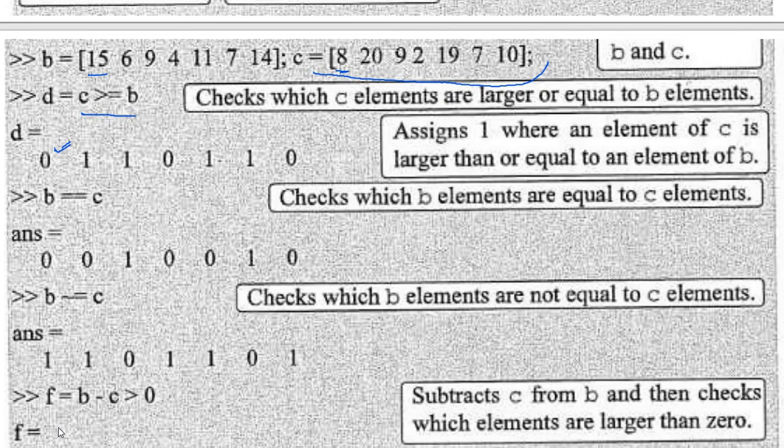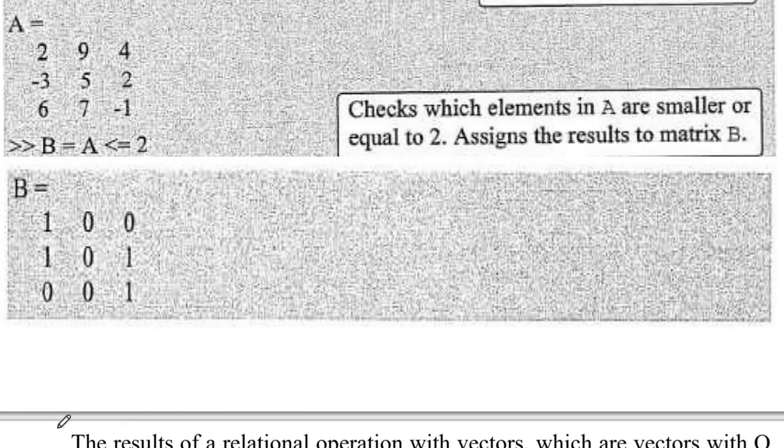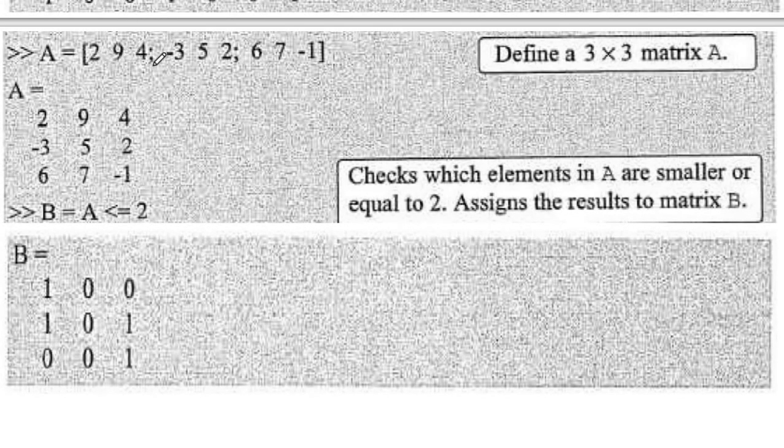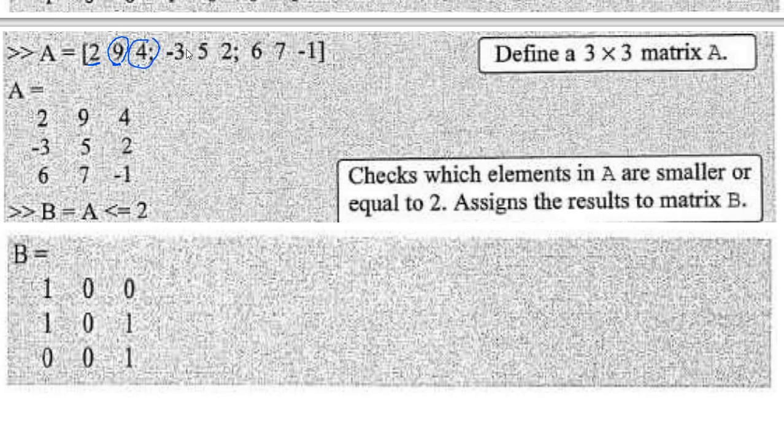Now we're going to check similarly with a matrix. Suppose we take a 3 by 3 matrix A, and we want to display where the value is less than or equal to 2.